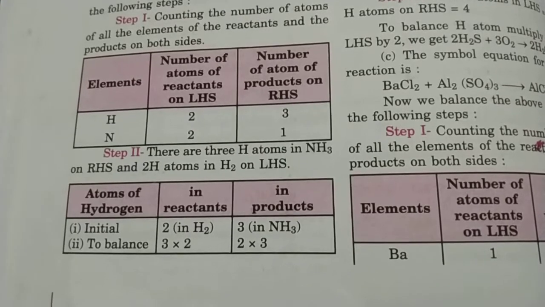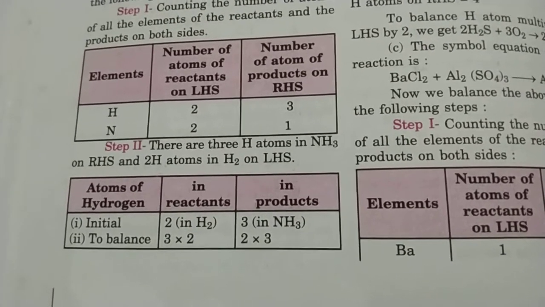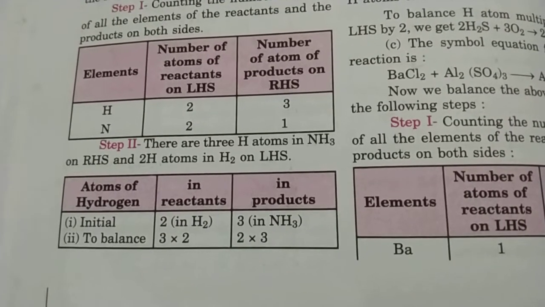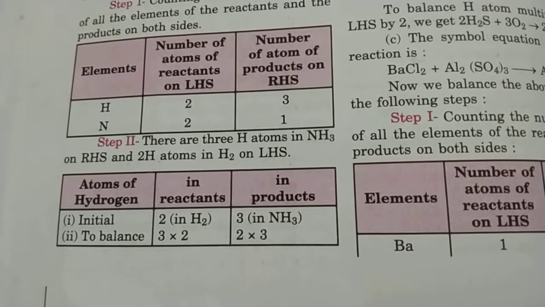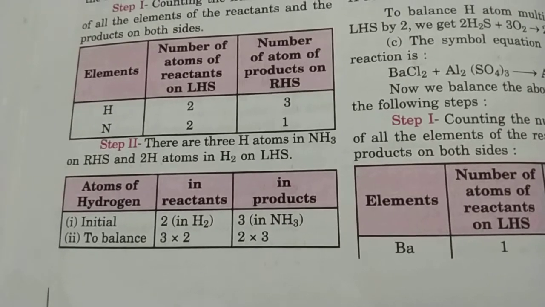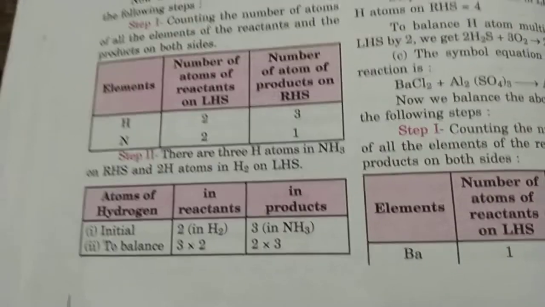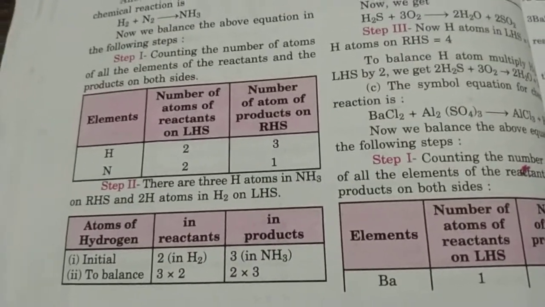First of all, for the elements hydrogen and nitrogen, make a table and write the numbers of atoms. Second, there are 3 hydrogen atoms in the ammonia on the RHS and 2 hydrogen atoms in H2 on the LHS, so it needs to be balanced.